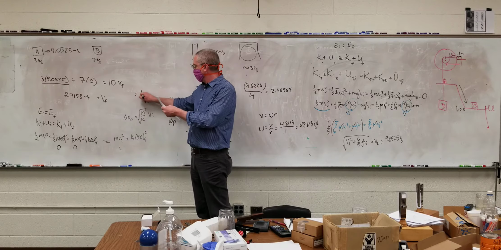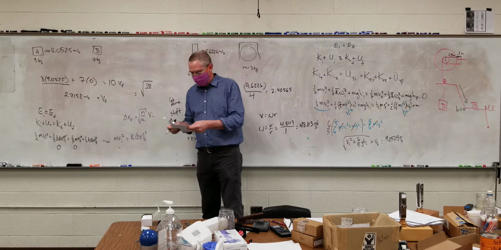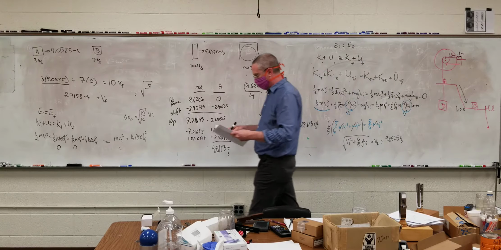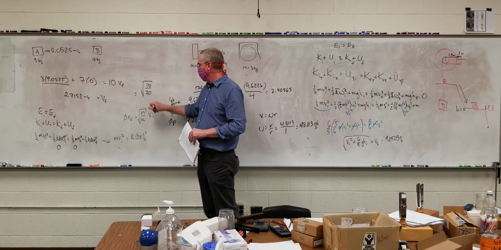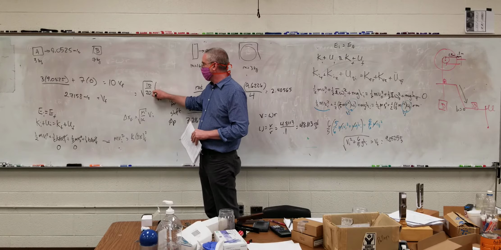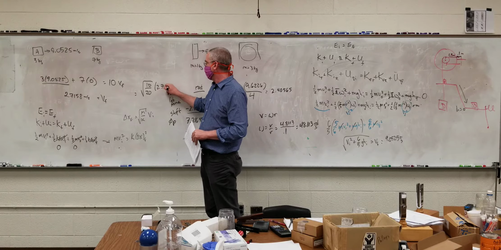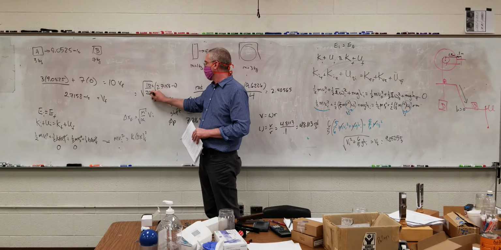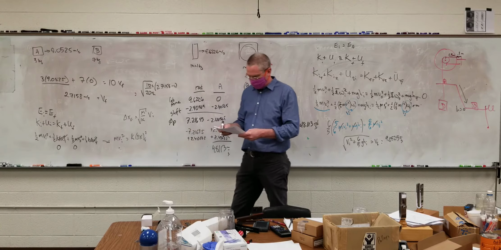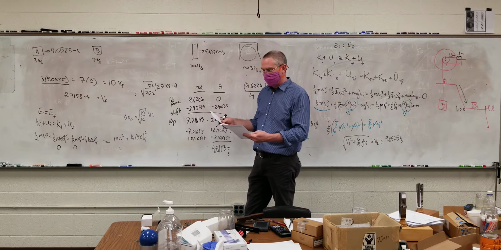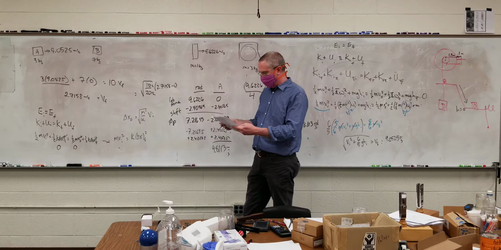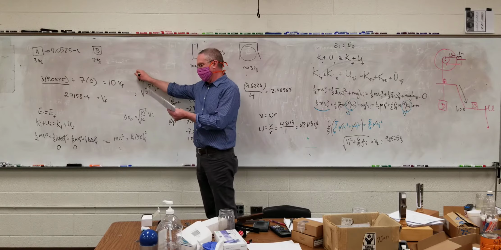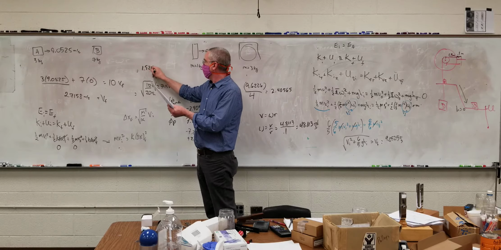And so that is the square root of 10 divided by the spring constant, which is given as 20, times how fast it was going, 2.7158. That's 10 kilograms, and this is 20 newtons per meter. And so we end up with a compression of 1.92038 meters.